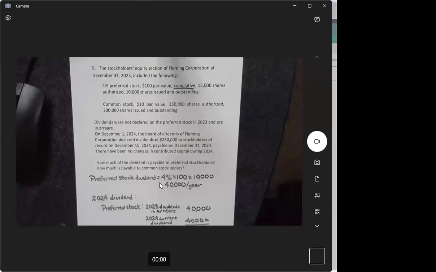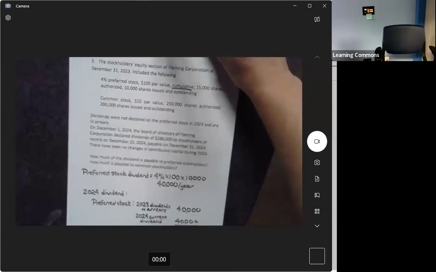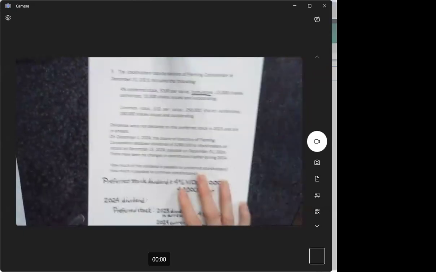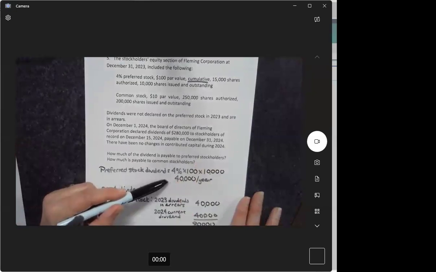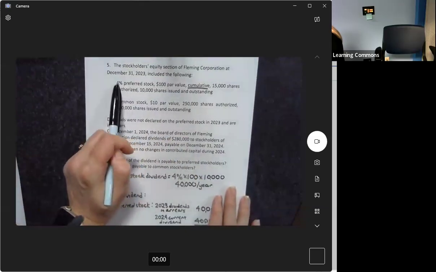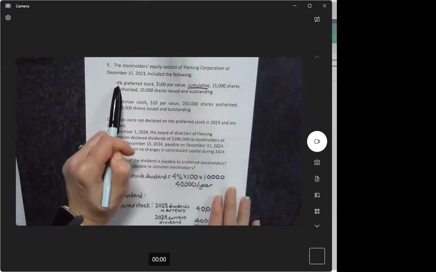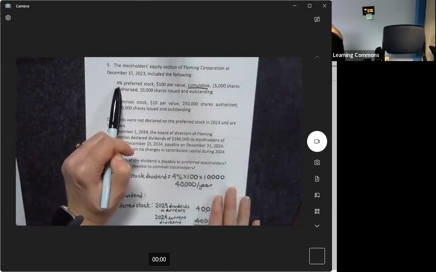Because remember, preferred stock has preference in the payment of dividends, amongst other things, and preferred stock gets paid at a set rate. So common stock, you don't know year to year what your dividend is going to be, but preferred stock you do, because you're told when you buy preferred stock what that dividend rate is, which is the percentage of the par value that you're going to get paid every year in a dividend.